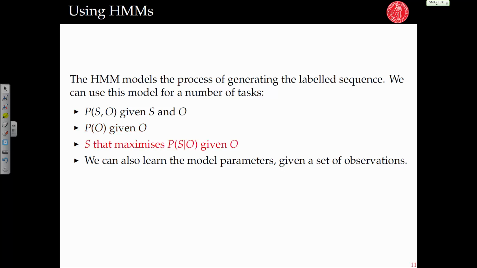The setup which we are going to use with part-of-speech tagging is this one here, where we are looking for a hidden state sequence S that maximizes the probability of S given O. So we want to look for the sequence of part-of-speech tags that maximizes the probability of S given O, where O is the sentence.